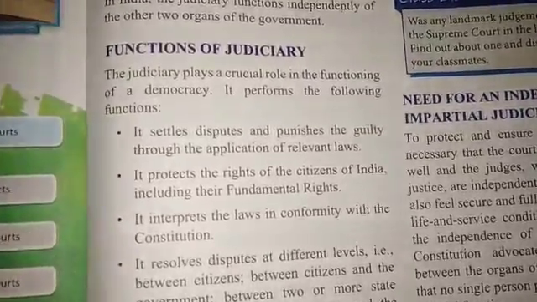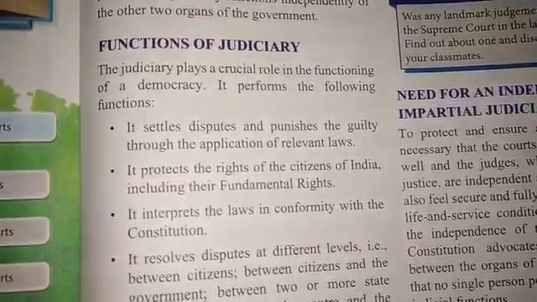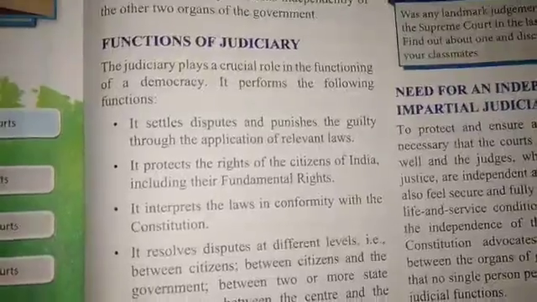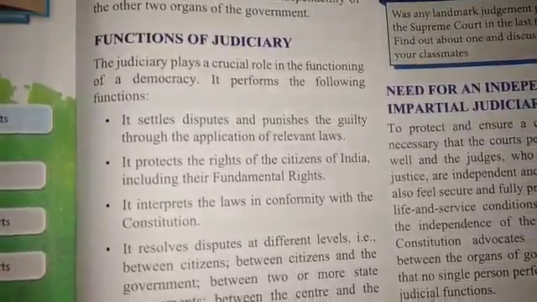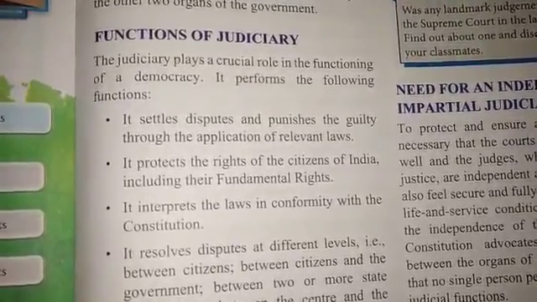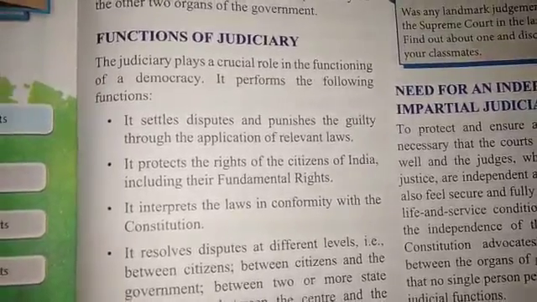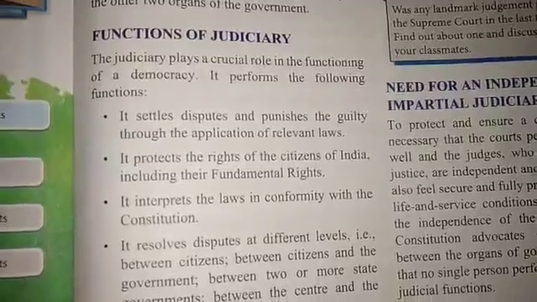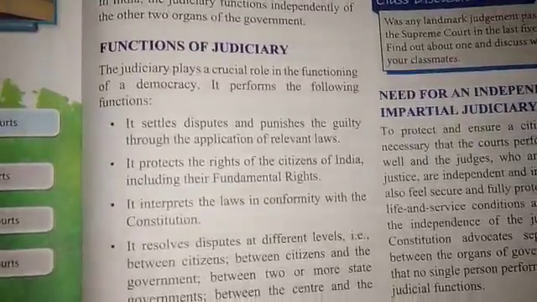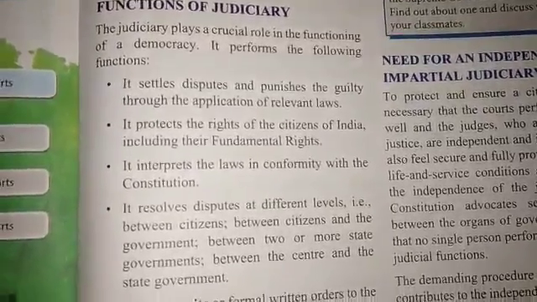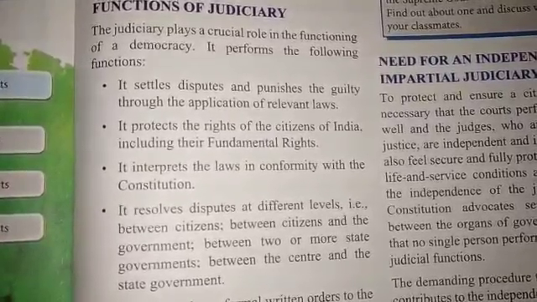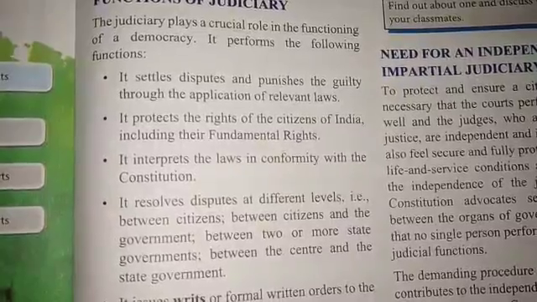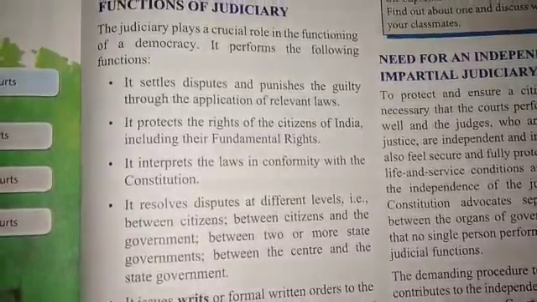Now, let us see the functions of the judiciary. The judiciary plays a crucial role in the functioning of a democracy. It performs the following functions. The first one is, it settles disputes and punishes the guilty through the application of relevant laws.